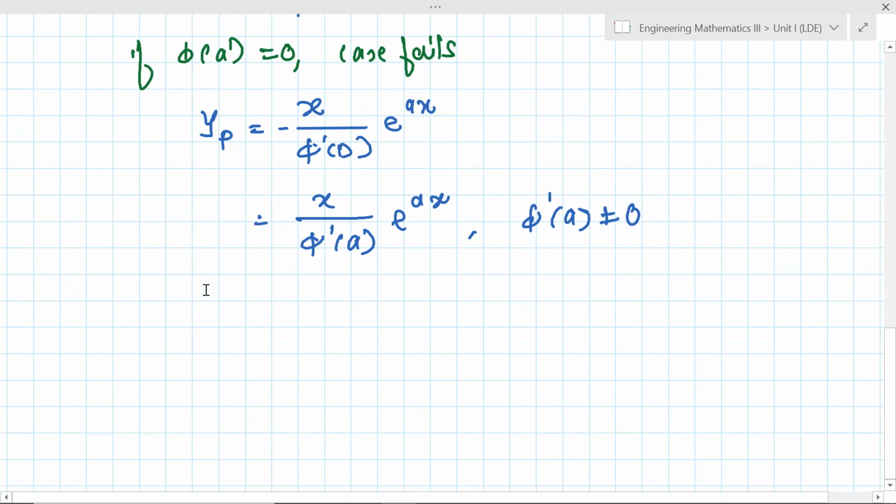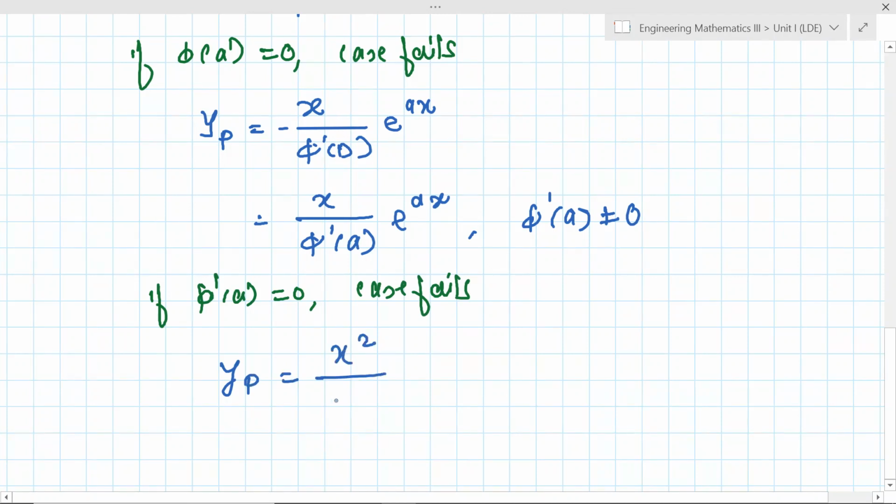If phi dash of a is 0, then again the case fails. Then what we need to do? We multiply by x square in that case and take the derivative of phi dash of D, which is phi double dash of D, into e raised to ax, and now replace D by a.